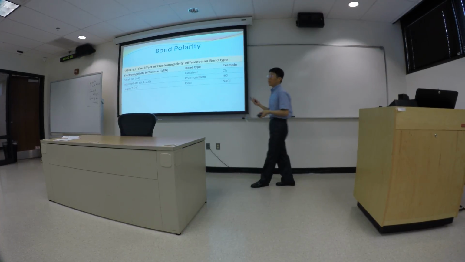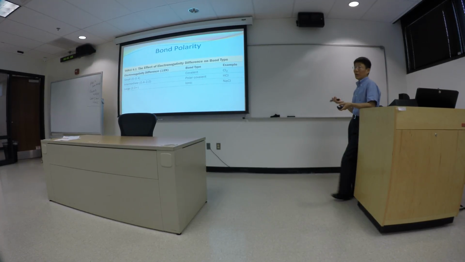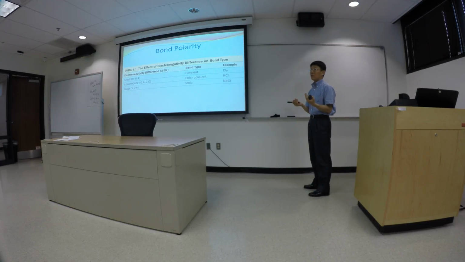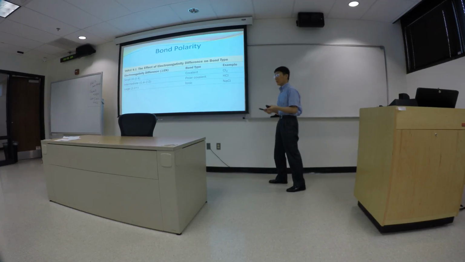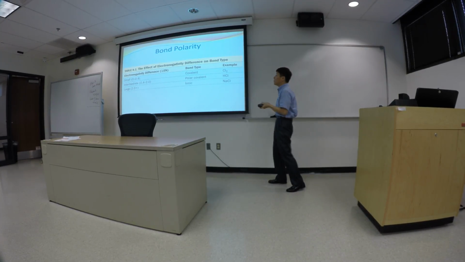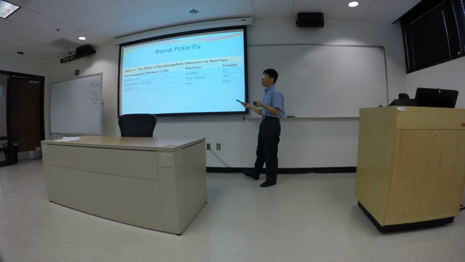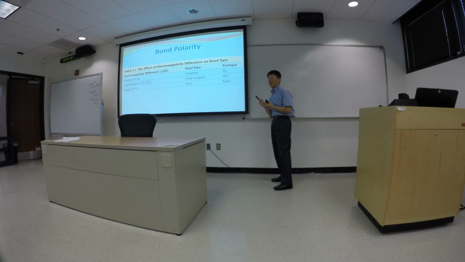So how do we determine the bond polarity? Well, all we need is a table of electronegativity. Now, I know I asked you to memorize a lot of things, but that table is not something I will ask you to memorize. We will give that table to you. If we ever need you to judge the polar nature of the bond, we will give you the electronegativity values for the different elements.